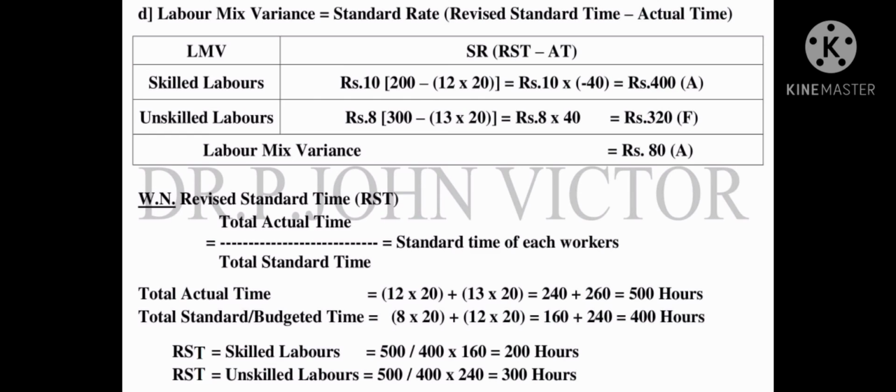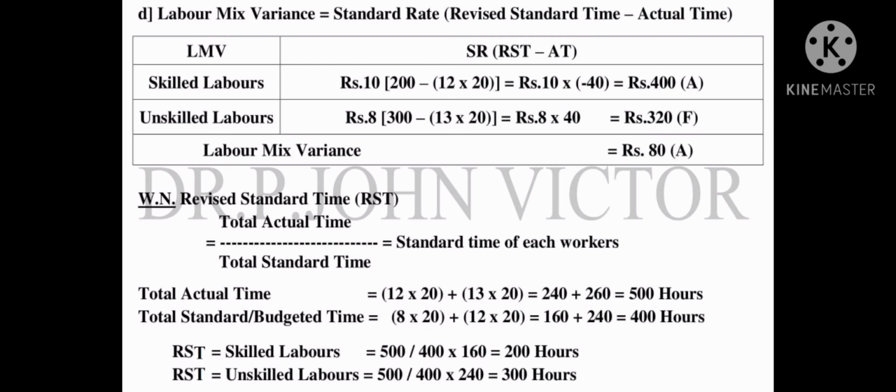Then unskilled labors, rupees 8 is the standard rate. Revised standard time for unskilled labors is 300 hours minus 13 into 20 as actual time, that is 13 workers into 20 hours, times 8. You see within the bracket, 300 minus 13 into 20, that is 260.